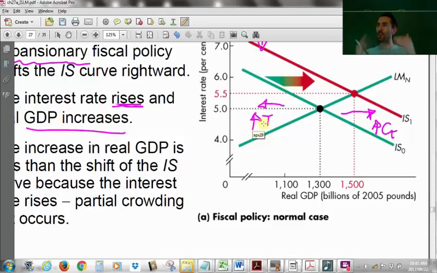It lowers production. It lowers output. An increase in taxes is contractionary. An increase in government spending is expansionary. What about a decrease in government spending? Would that be expansionary or contractionary? Okay, I think you've got it.